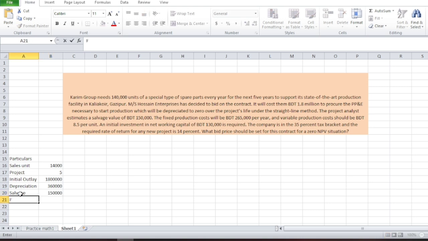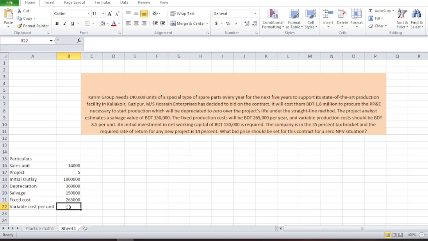And then we have a fixed cost, which is 265,000. We have a production cost per unit, or we can simply say variable cost per unit, which is 8.5 taka. And then we have net working capital, which is 130,000.